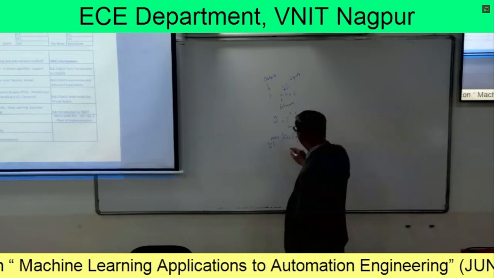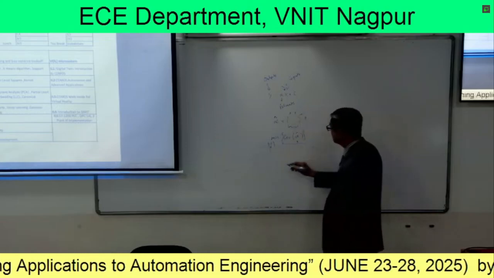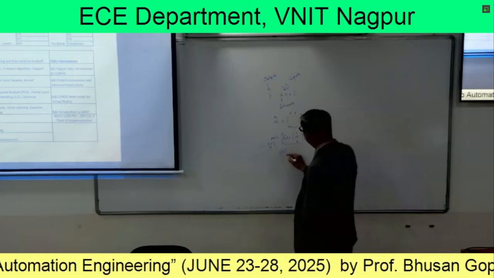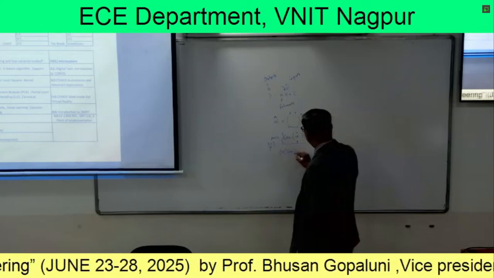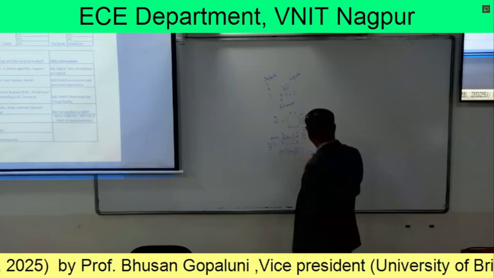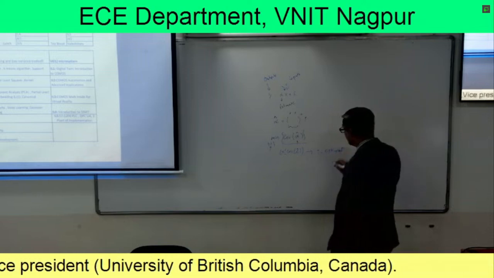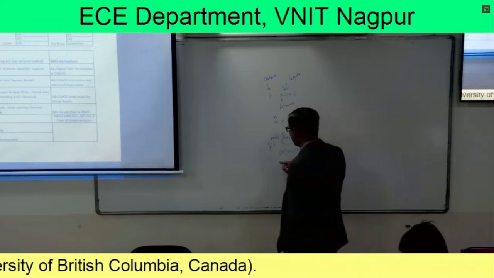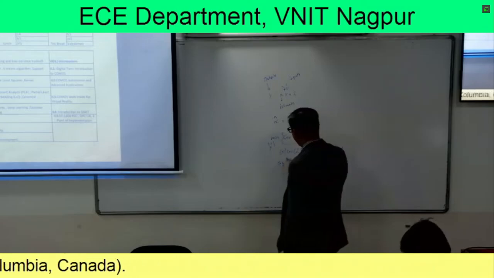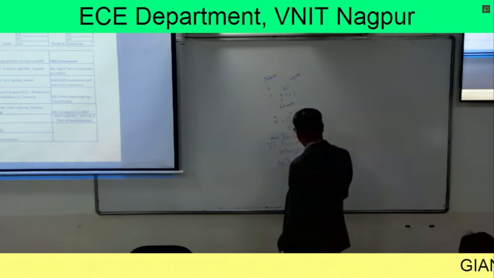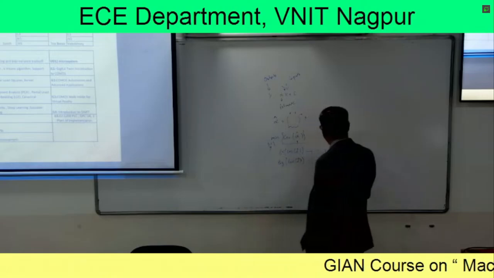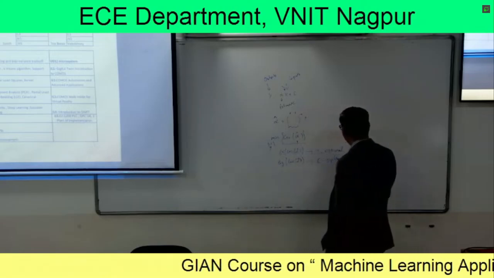There are different types of scalar functions of covariance matrix. For instance, you can minimize the trace of the covariance matrix. This is called T-optimal experiment design. You can minimize the eigenvalue of the covariance matrix. So I think that's called E-optimal design.